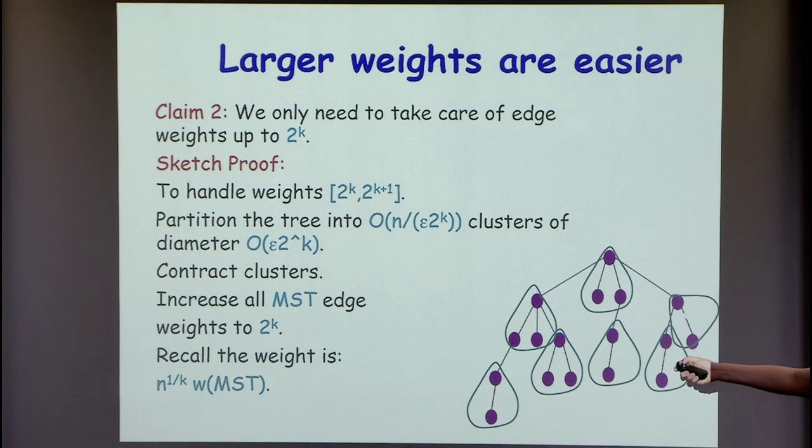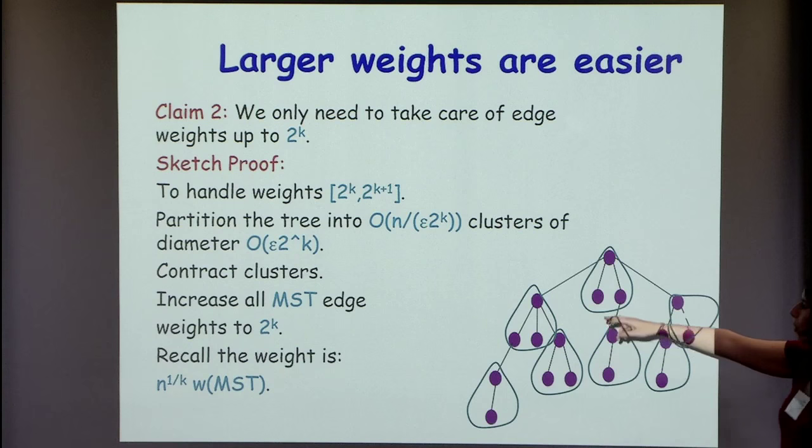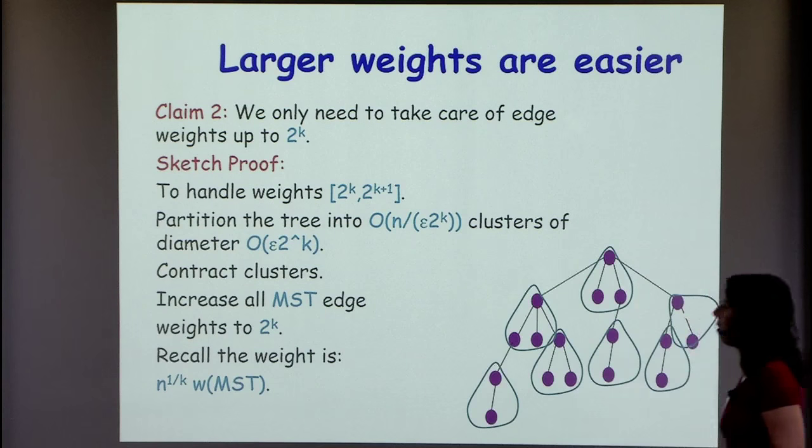And now each cluster I just contract to one node, so I have fewer nodes now. And the diameter of each cluster is small compared to the weights that I'm trying to cover now.